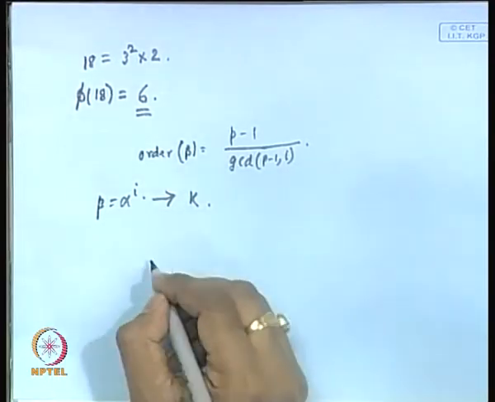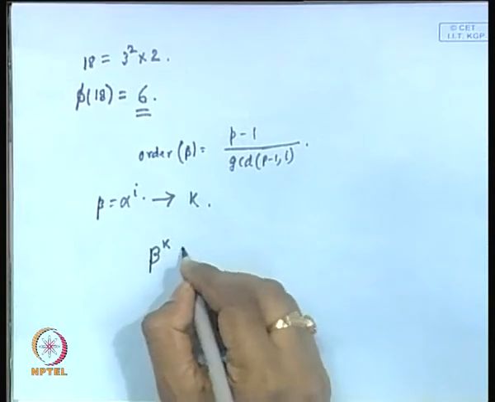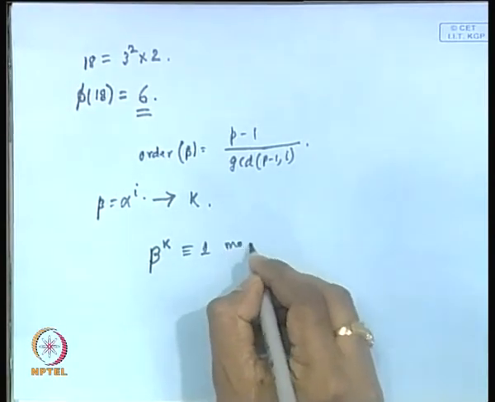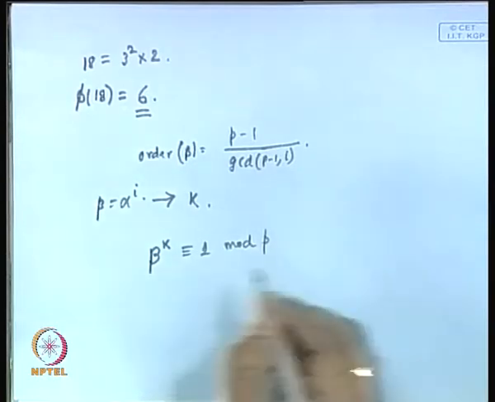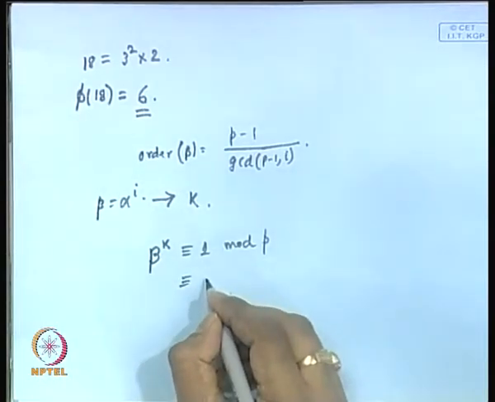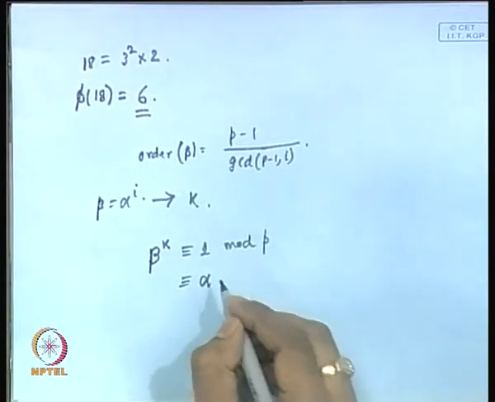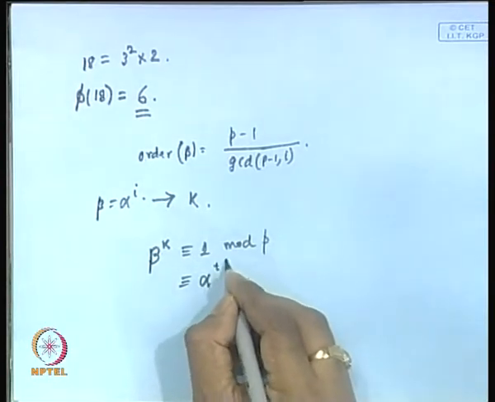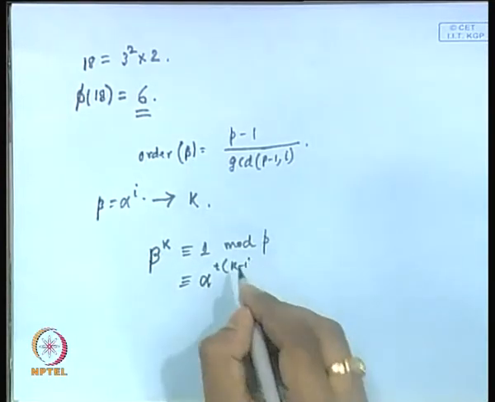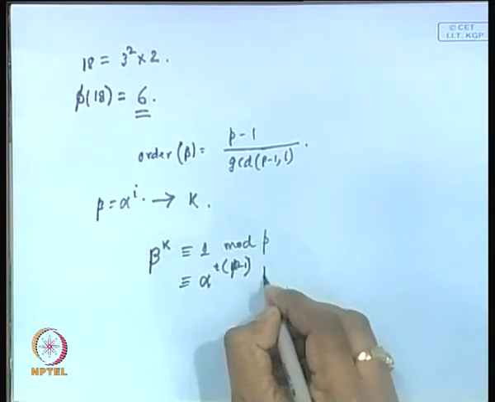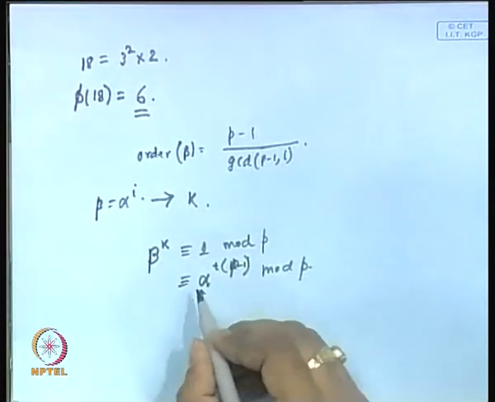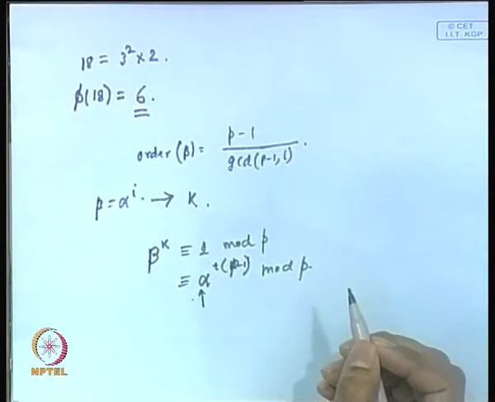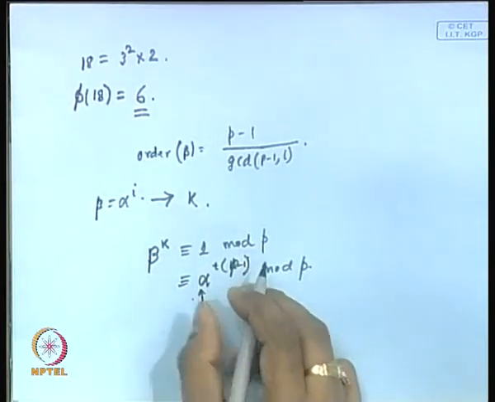That means beta to the power of k should be equal to 1 mod p. So this 1 I could have written as alpha to the power of t into p minus 1 mod p, where alpha is the corresponding primitive element, because alpha to the power of p minus 1 is 1.